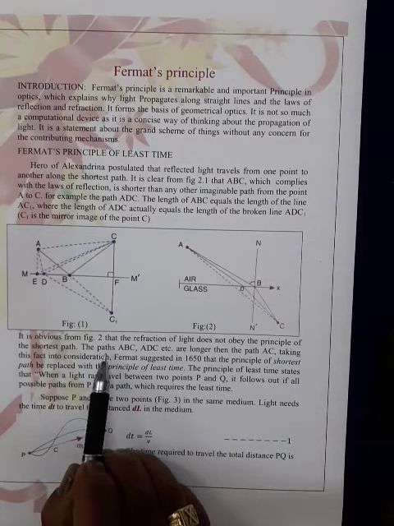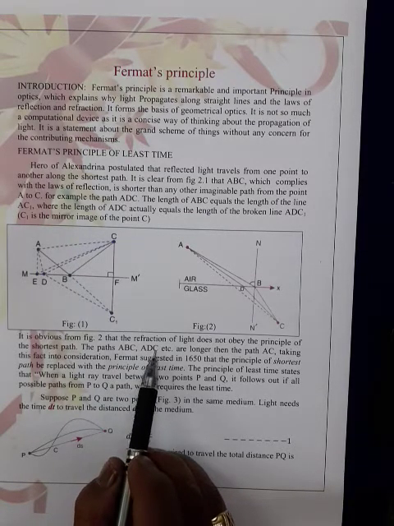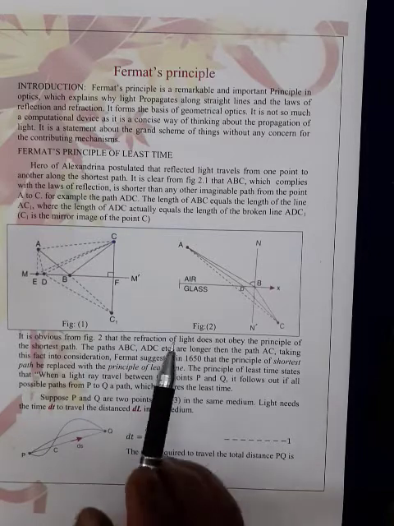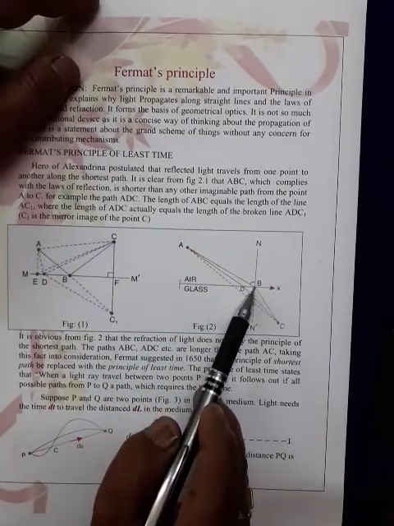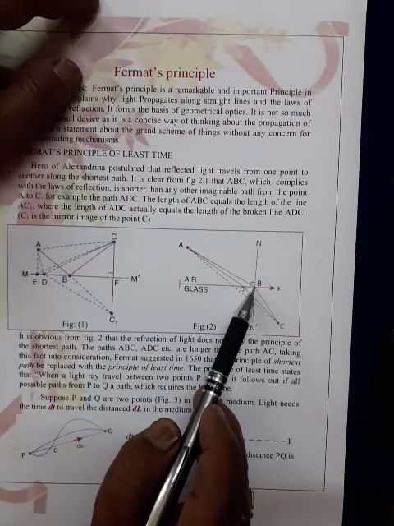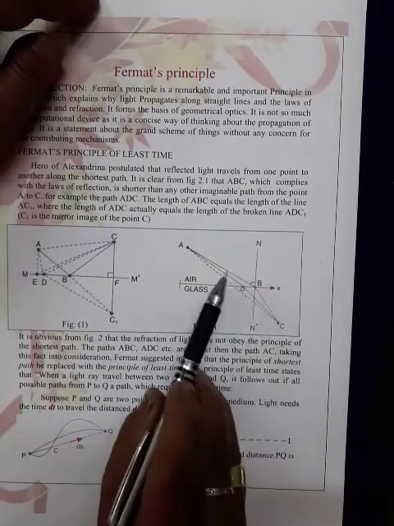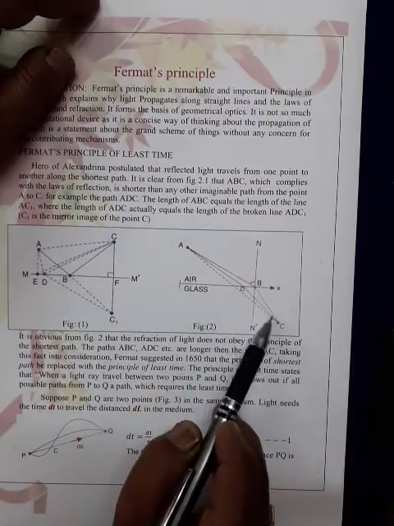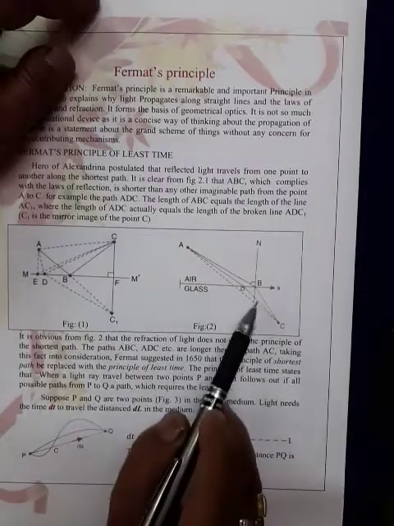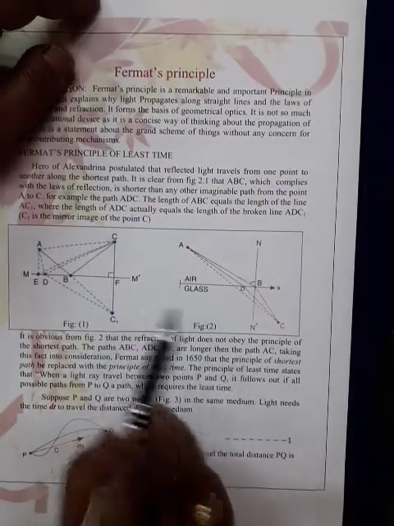Let us consider the paths A, B, C and A, D, C, etc. Suppose the light is coming from this end, A to B, and is incident on the second medium. As the refractive index of the second medium differs from the first medium, it bends towards the normal, where the velocity decreases a little.